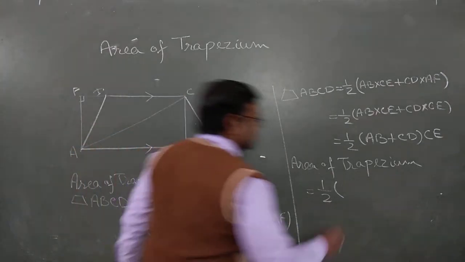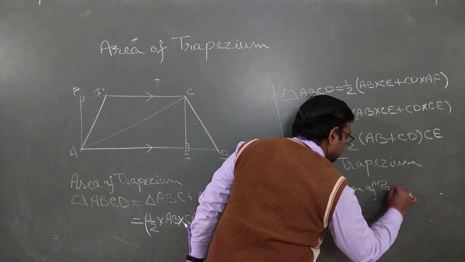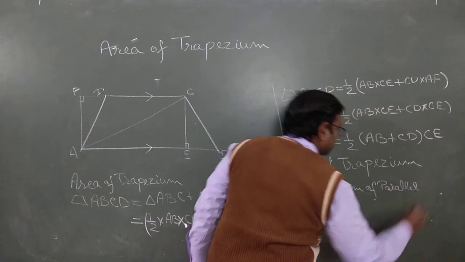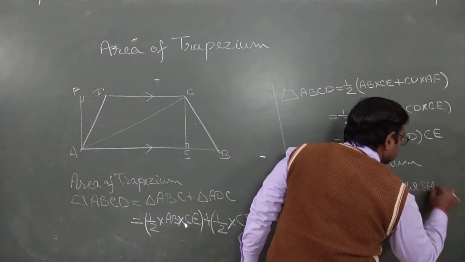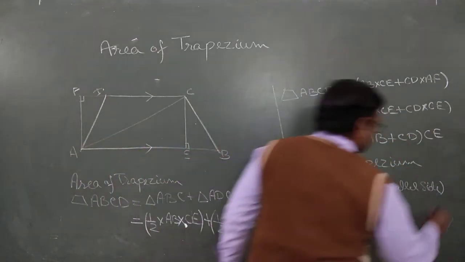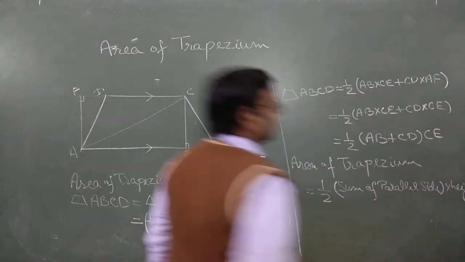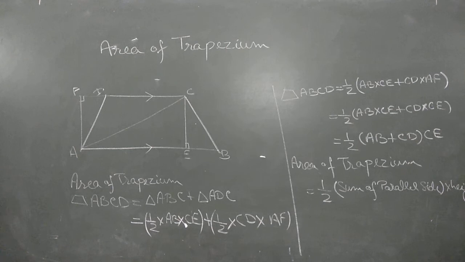So the sum of the parallel sides, and CE is the height, into height. This is your formula. Sorry students, the height was not complete, so you can understand it's half into the sum of the parallel sides into the height. This is the formula of the trapezium.